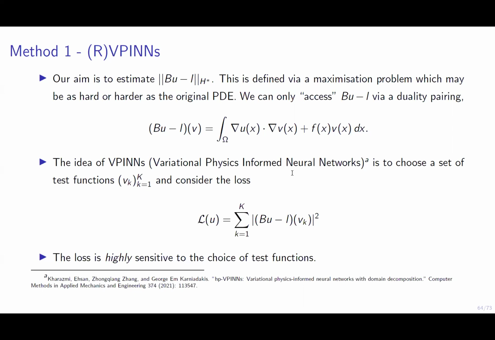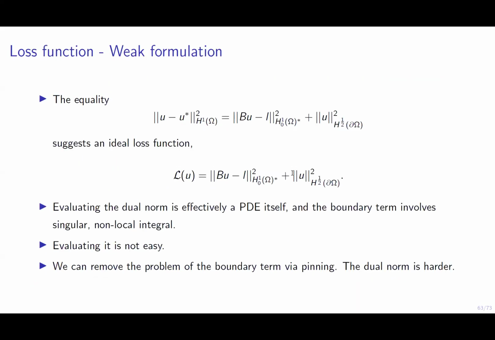But the thing is, the loss is very, very sensitive to the choice of test functions that you make here. And in fact, in the original work based on using VPINNs, what they ended up doing actually wasn't based on weak formulation. If you look carefully at the calculations that they did, their choice of test functions means that if you took an appropriate limit, since you can only do this for finitely many guys, you don't get this kind of relationship.